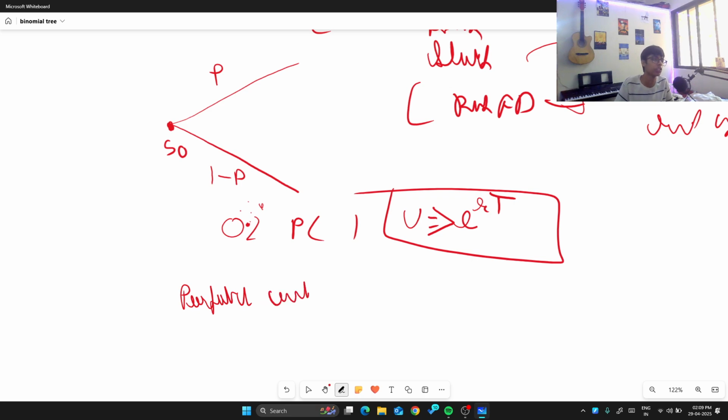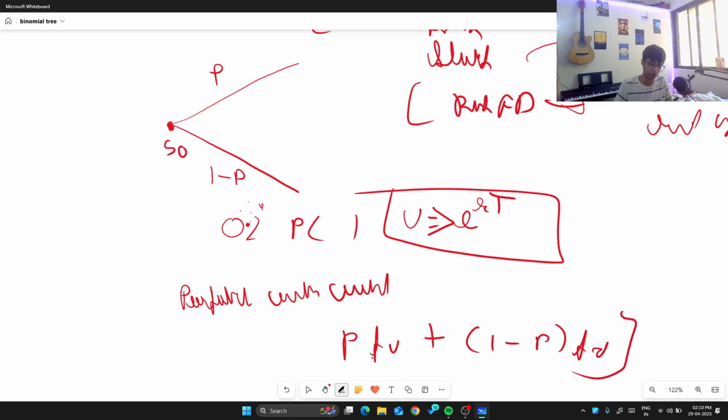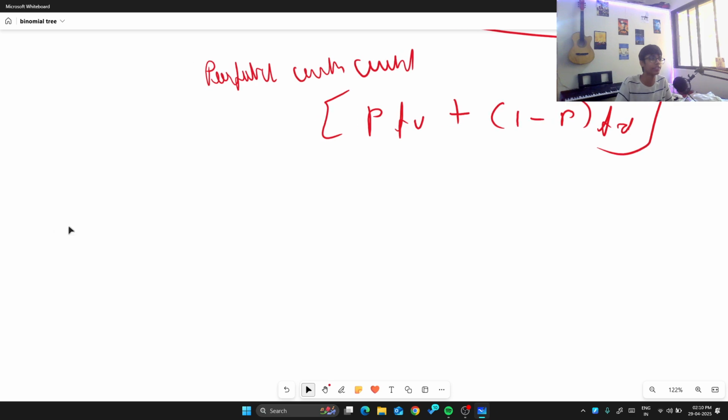So our portfolio value would be, if it goes up, the probability of going up plus 1 minus the probability of going down, right? That simple it is. So we can find the expectation. The expectation of ST would be P times the payoff S0U if it goes up plus 1 minus P times S0D, right?